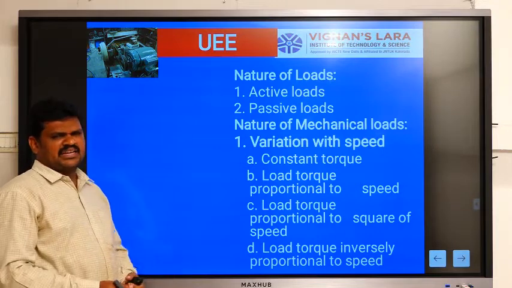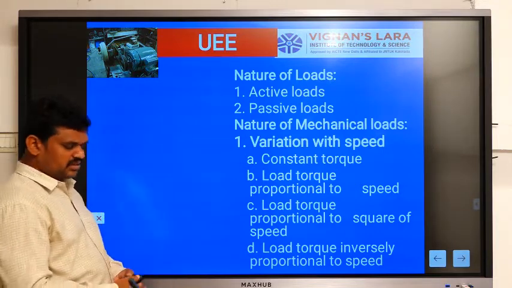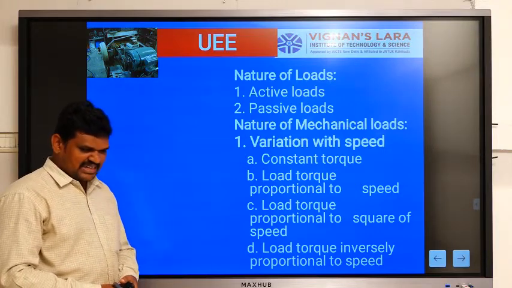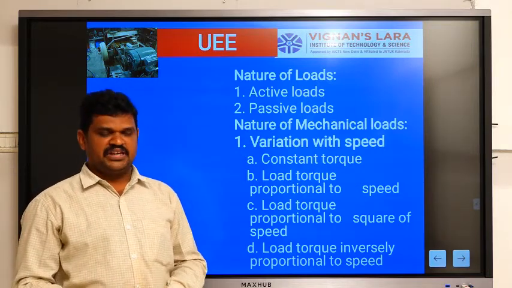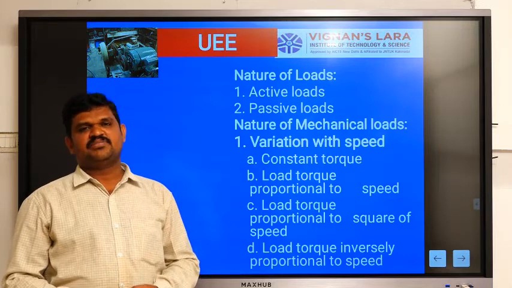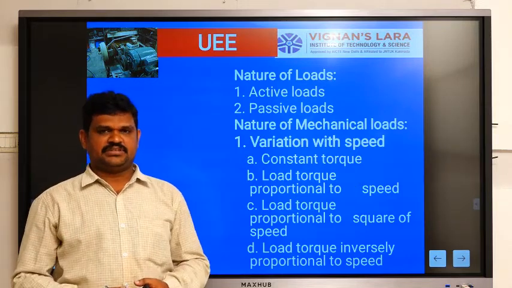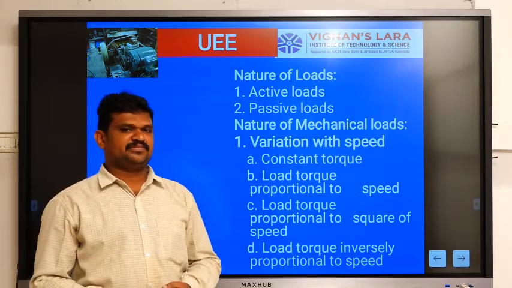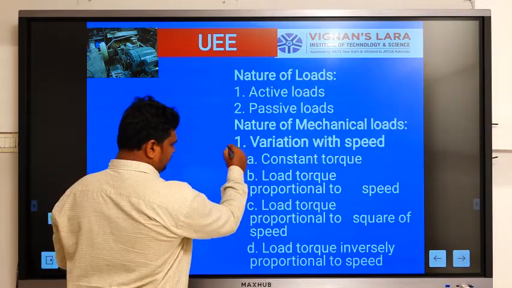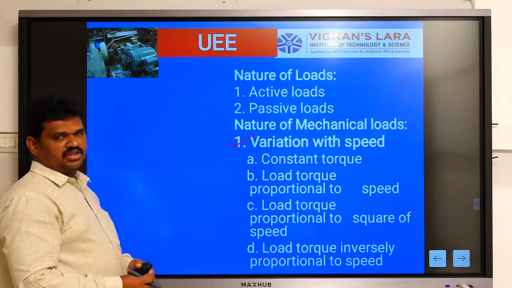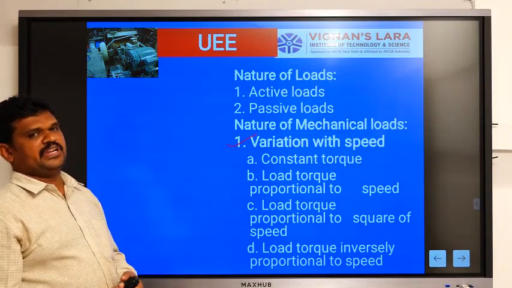Nature of the mechanical loads means some load torques may depend upon the speed, some load torques may depend upon the time. In the first one, the variation of the load torque with respect to speed.